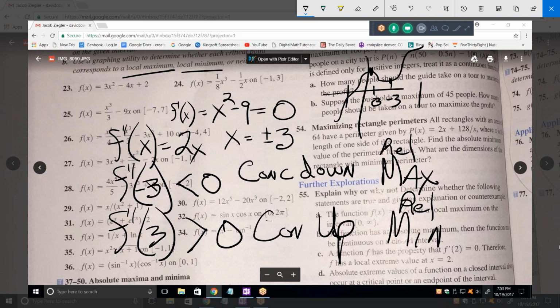So if I was examining the absolute maximum and minimum for this function, I would have to figure out what that value was on the y-axis and what that value was on the y-axis. And I would have to compare all 4 values. And then I would know where the absolute maximum and absolute minimum were.